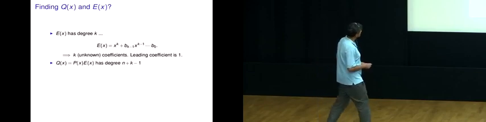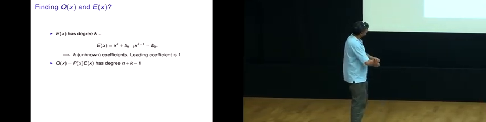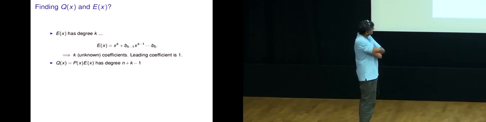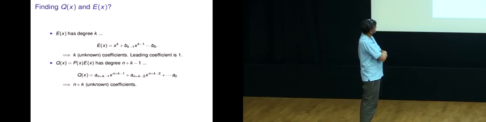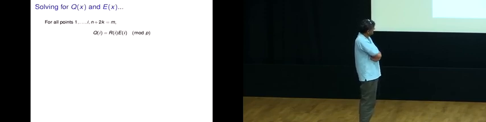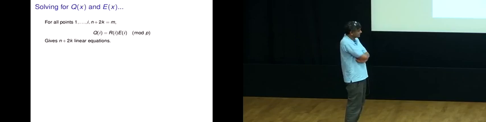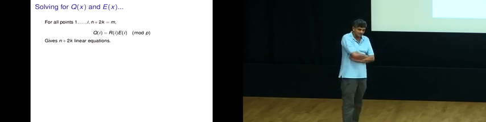So now q of x is equal to p of x times e of x, which has degree n plus k minus 1. So it looks like that. There are n plus k unknown coefficients, so the total number of unknown coefficients is n plus 2k. Now let's see how many equations we have. We have n plus 2k linear equations.